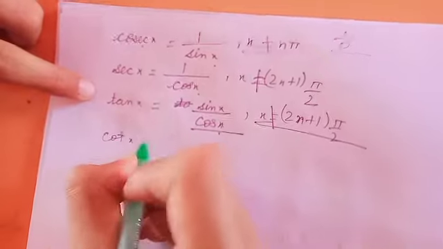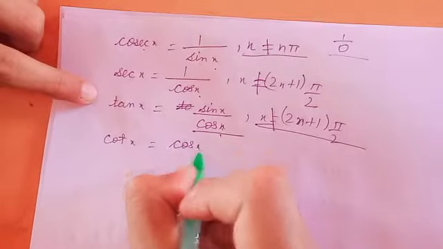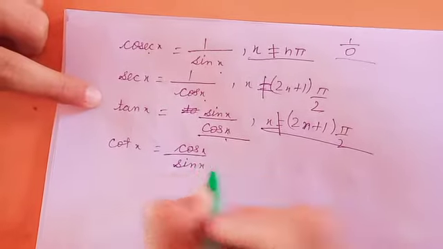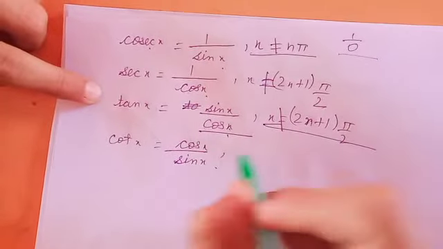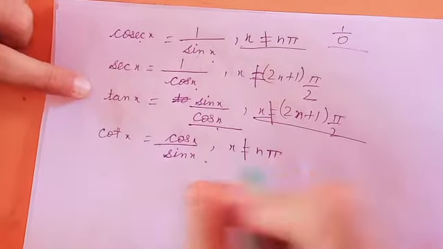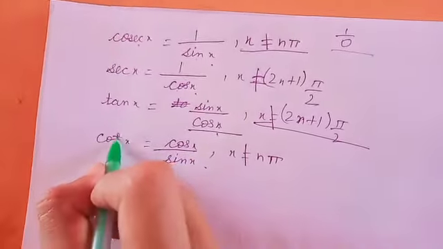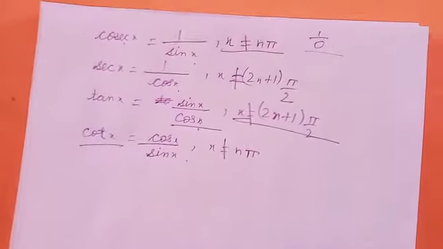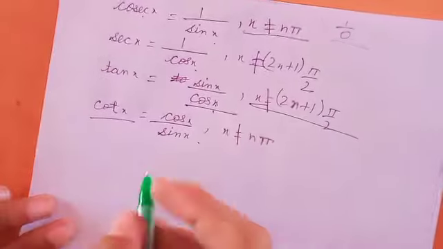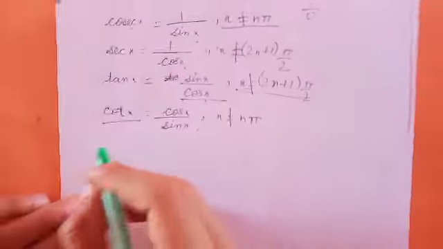In case of cotangent, it is reversed. It is cos x by sin x. And sin x is 0 at n pi. So x should not be equal to n pi to make cotangent defined. Okay.